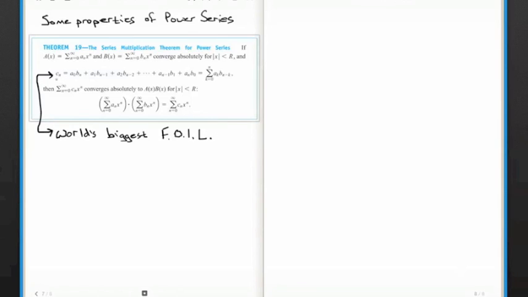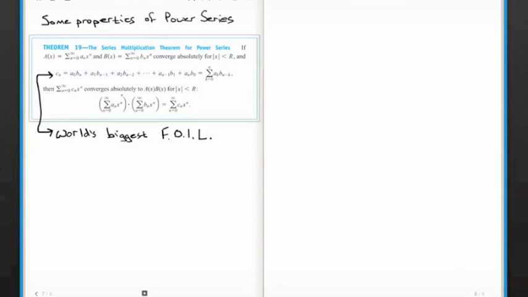Each individual term in this new series C is like a big FOIL. I'm going to expand this thing, say for 4 or 5 terms, and expand this thing, 5 terms. Then C sub n is just the FOIL of this 5-nomial and this 5-nomial, and it looks like this. Do we really care about that?